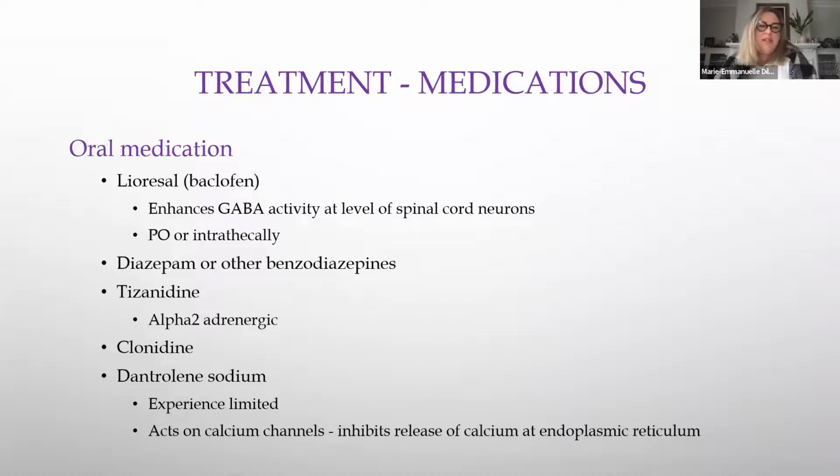Tizanidine is not very used because it has a lot of side effects. It's used a little bit more frequently in the United States, but much less in Canada. Clonidine, I can't say that I've seen it helping. It's been helping through the baclofen pump in some studies. And dantrolene is not used anymore because it has potential harmful side effects.